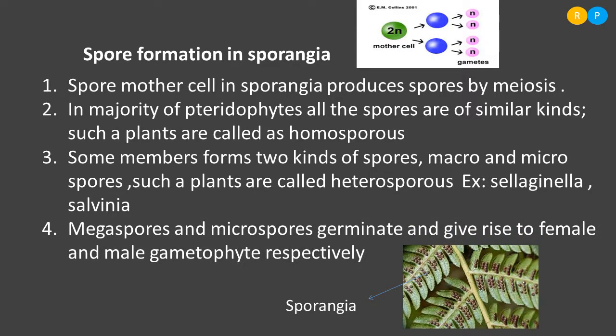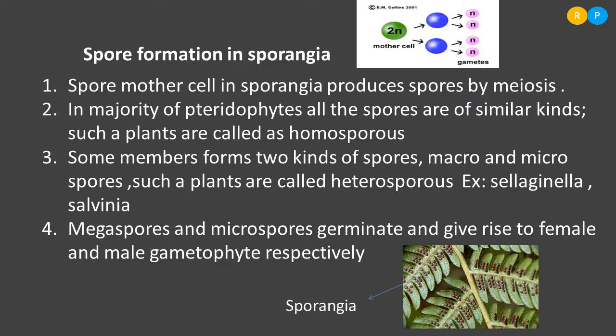What is the next step? So spores are formed. Then what is the next step of development? Why are the spores formed? Spores are actually the structures needed for the process of reproduction. Without spore formation, there is no reproduction. Clear, right? After their maturity, spores will get dispersed from the sporangia.